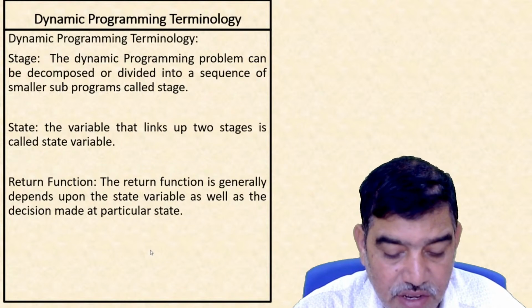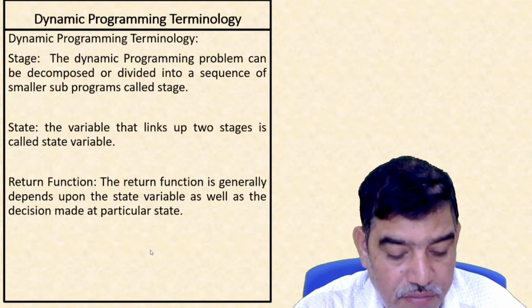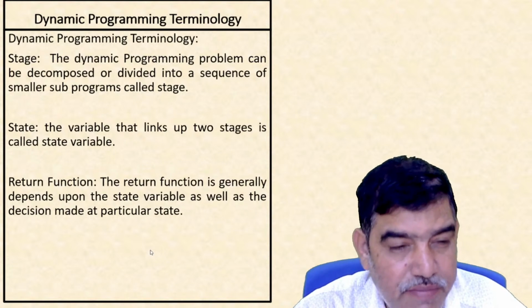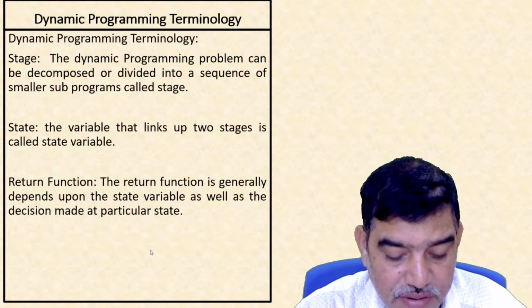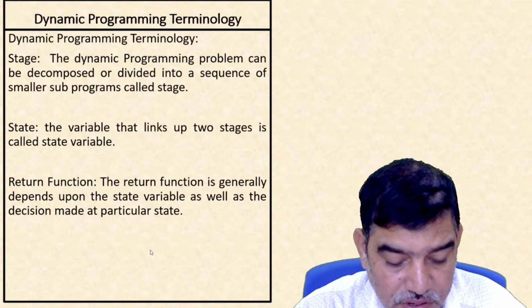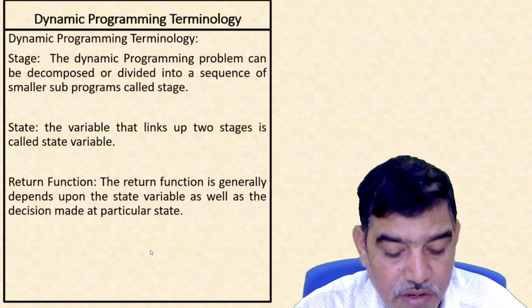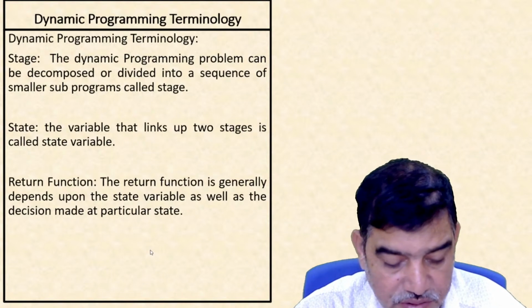At any stage of the decision-making process, there could be a finite or infinite number of states. For example, a specific city is referred to as a state variable in any stage of the shortest path problem.